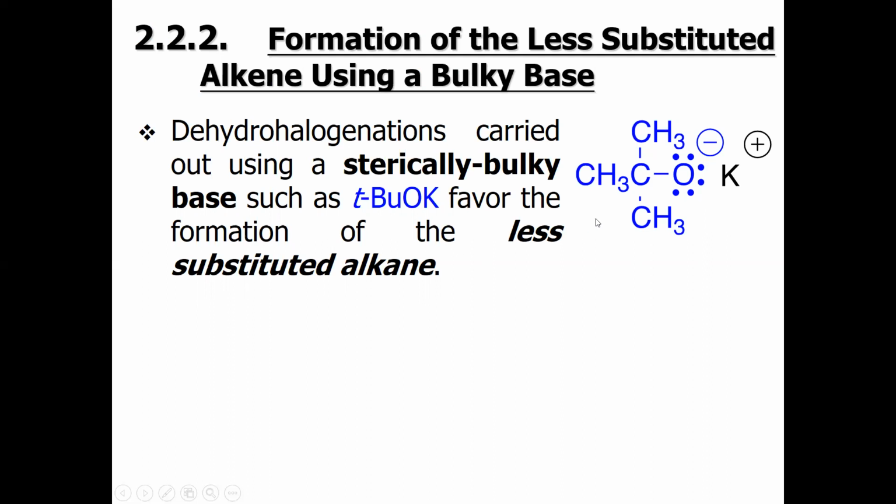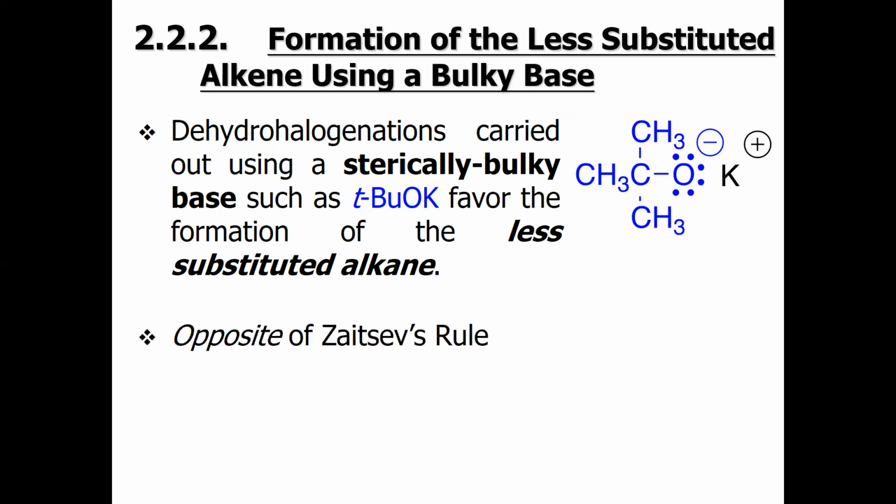This type of base favors the formation of the less substituted alkene. Definitely, this base cannot eliminate the proton from between the carbon chain. So this type of base can easily deprotonate an alkyl halide from the less hindered side.